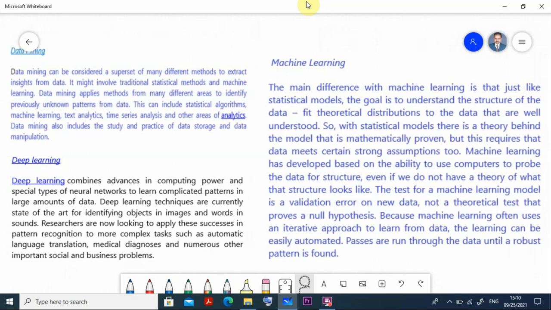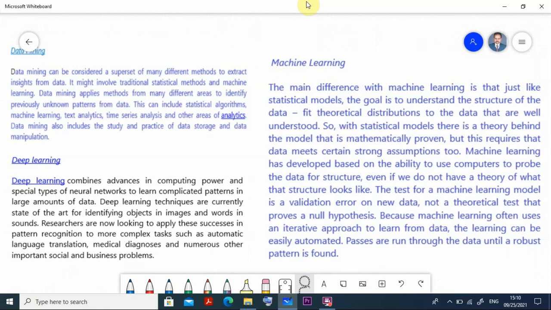The test for a machine learning model is a validation error on new data, not a theoretical test that provides a null hypothesis, because machine learners often use an iterative approach to learn from data. This learning can be easily automated, passes are run through the data until a robust pattern is found.